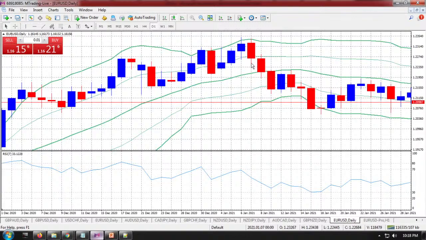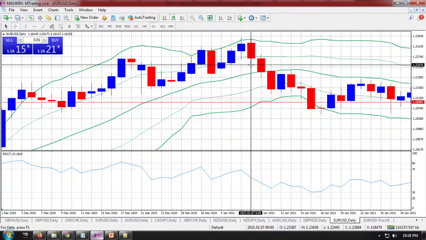So if we now look at what happened, if I take a sell trade as of this point, you can see day one that I entered, day two, between 2 days of entry, it dropped. If I take the trade around this position the next day, you can see it dropped about 130 pips.